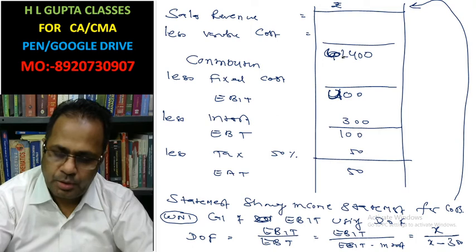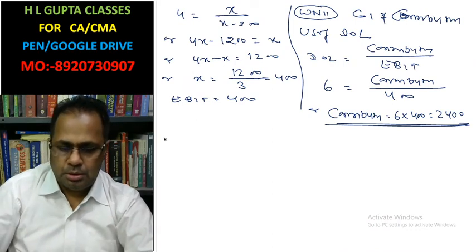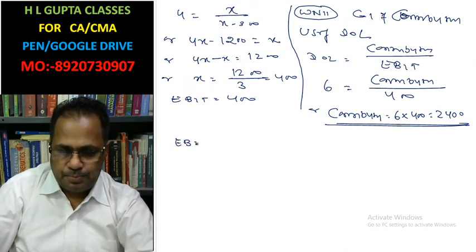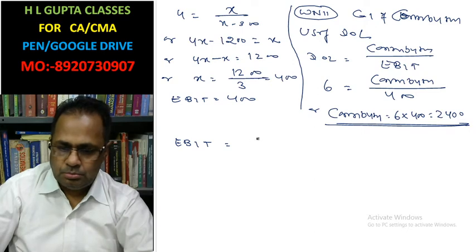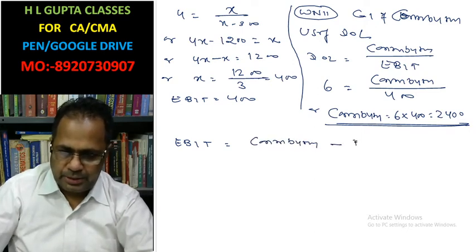Now fixed cost can be written from EBIT equals contribution minus fixed cost.